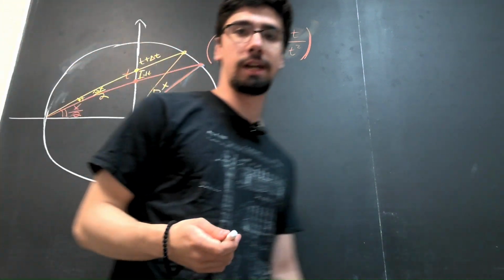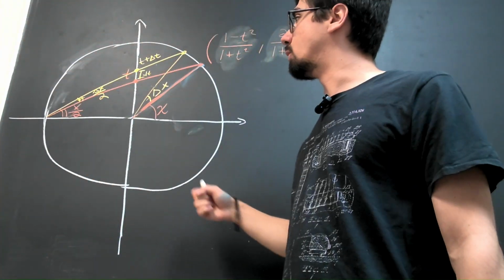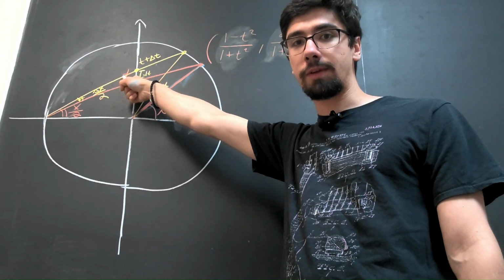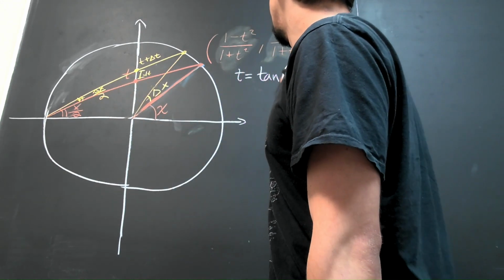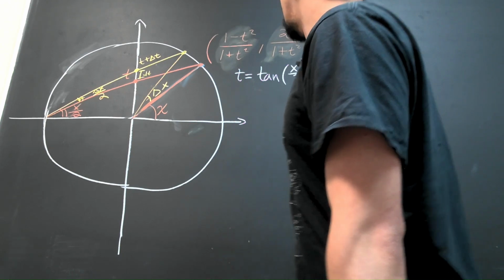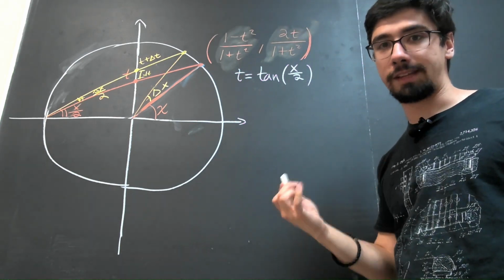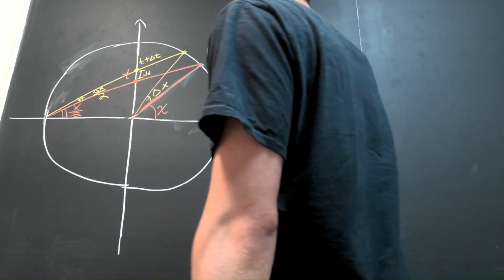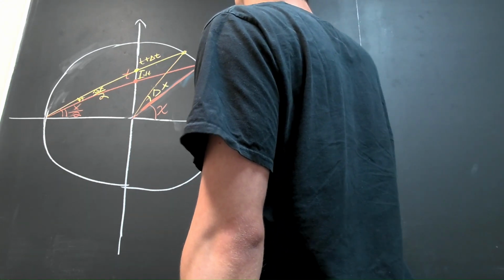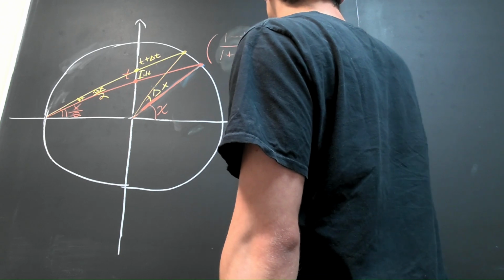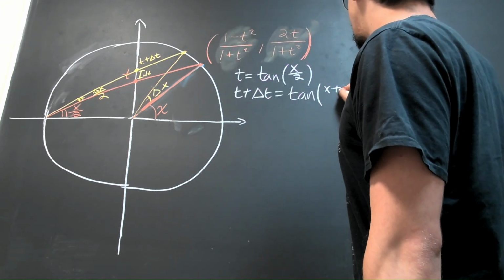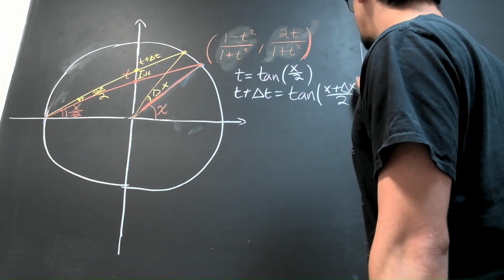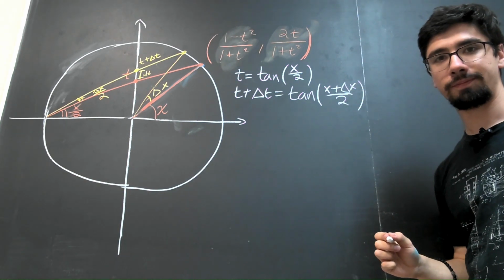Another thing that this construction relies on, remember that the way that we computed the value of t right here is that t is equal to the tangent of x over 2. And so by the same reasoning, we're going to get that t plus delta t is equal to tangent of x plus delta x over 2.